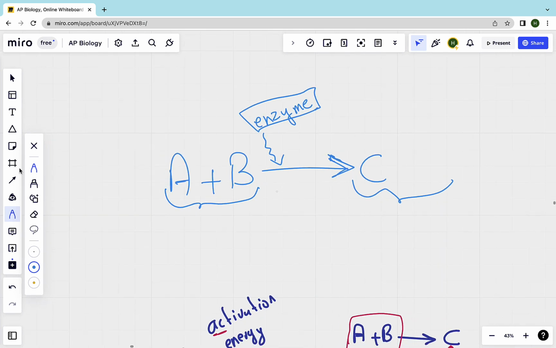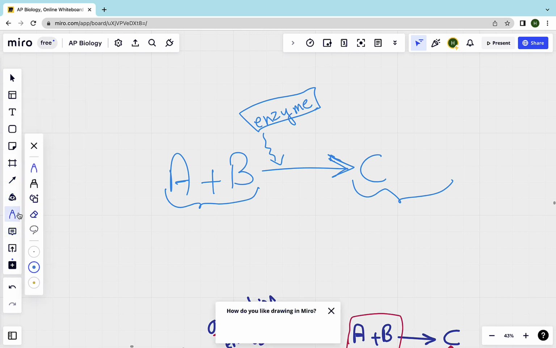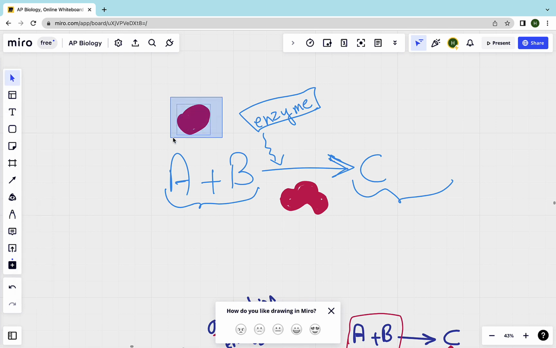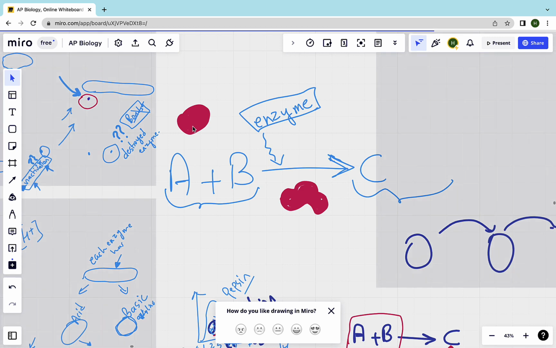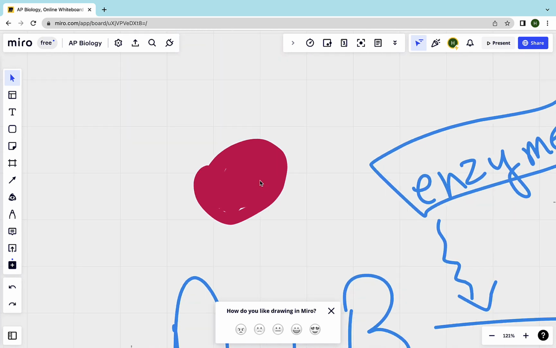So, let's say we start with this enzyme having this shape. During the reaction, it might change its shape. After the reaction, simply it will return. One minute, yeah, I will explain it.